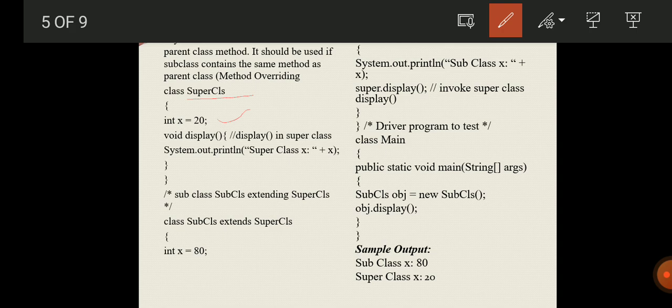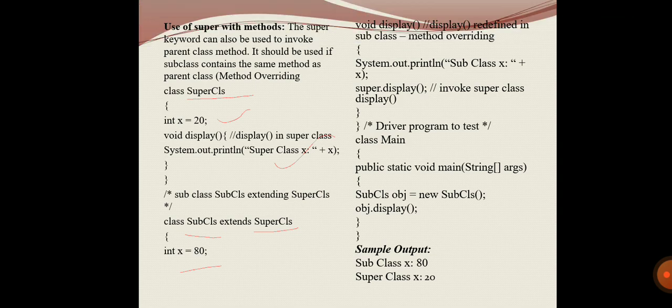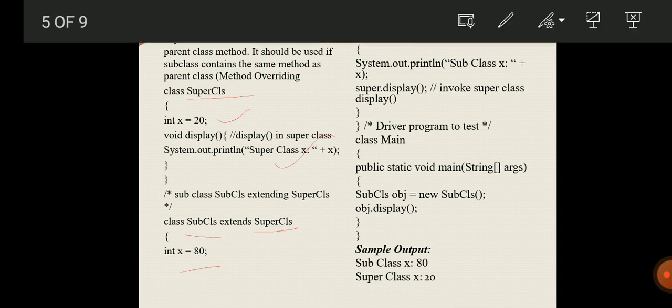In that we also have the display method in which we print the value of x. Next the subclass which extends the superclass, with x is equal to 80. Here also we have the method void display. So the display method is available in the superclass as well as the subclass with the same name. Here we are also printing the value of x.